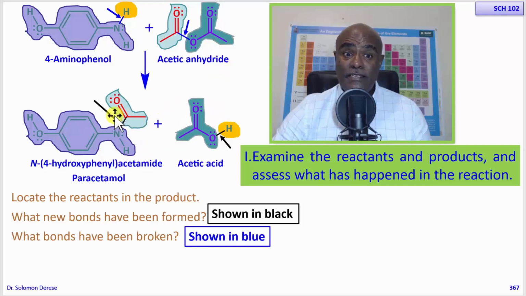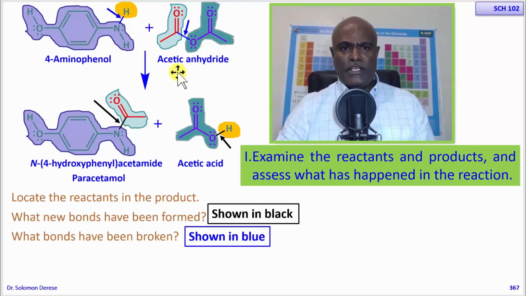We traced the reactants in the product. Then when you do that, it will clearly show you the new bonds that are formed and the old bonds that are broken. So this is very, very important. The other thing, locating the reactant in the product is also going to tell us what type of reaction this is.